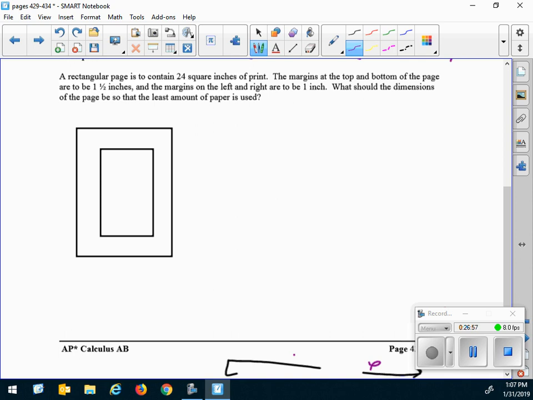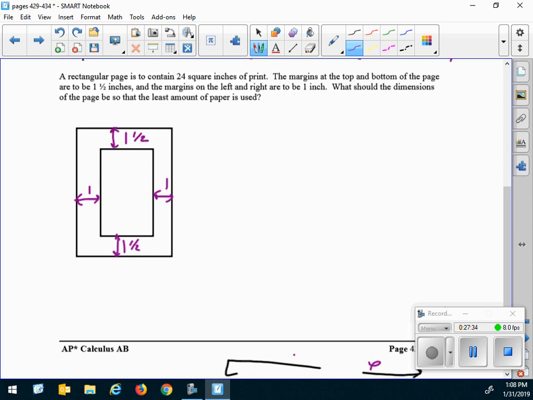The margins at the top and bottom of the page are 1.5 inches. So I'm going to put right here is 1.5 inches, and right here is 1.5 inches. The margins on the left and right are to be 1 inch. What should the dimensions of the page be so that the least amount of paper is used?